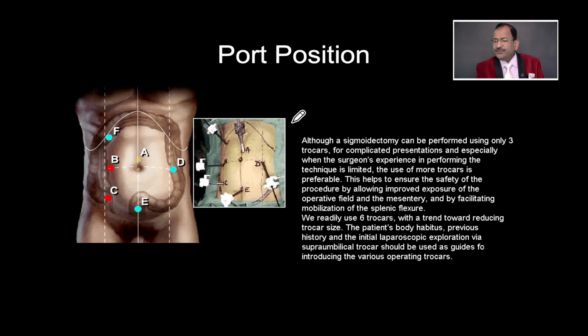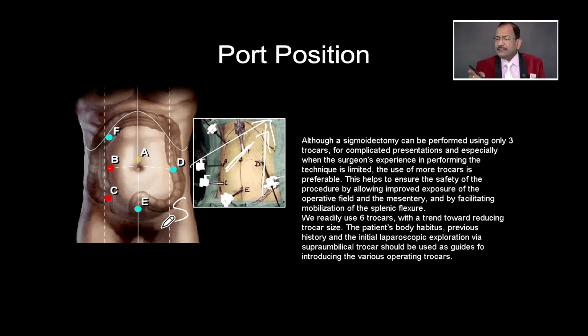Like here we will see, when you have to do the mobilization of the transverse colon, the telescope is here and these 2 ports will be used, and the surgeon will stand in between the legs. When you have to do the splenic flexure of the colon, the telescope will be here and these 2 ports will be used, and the surgeon will stand here.